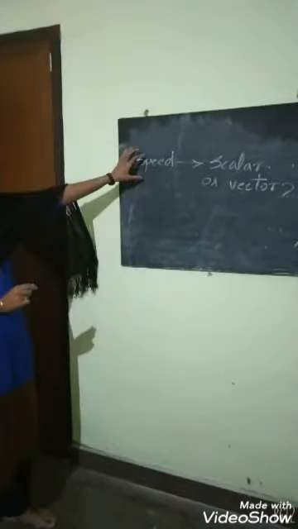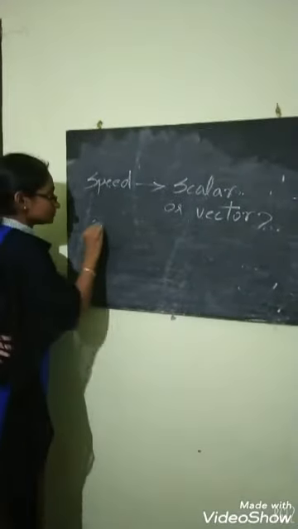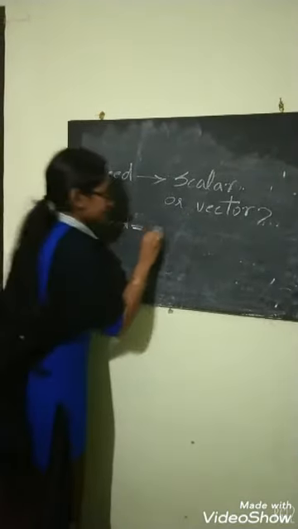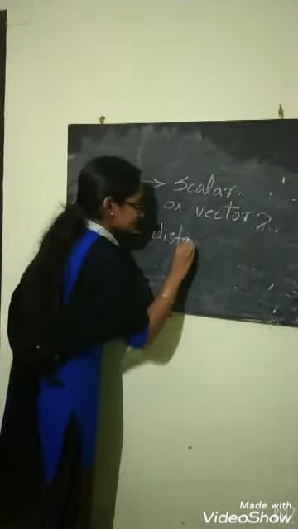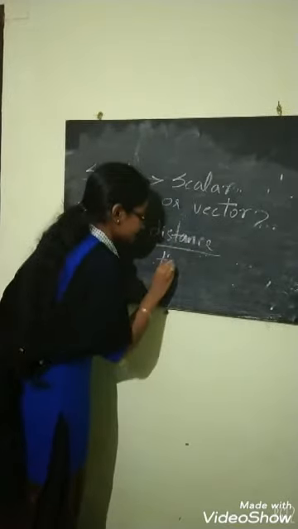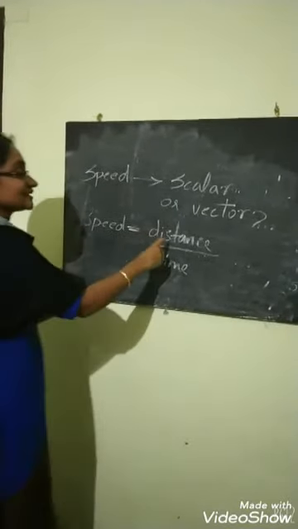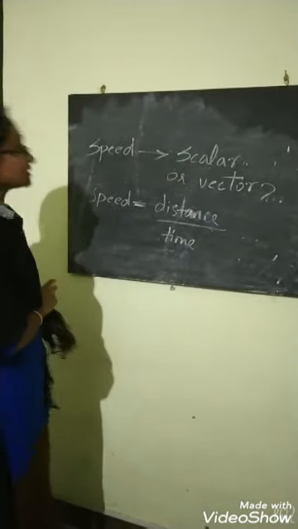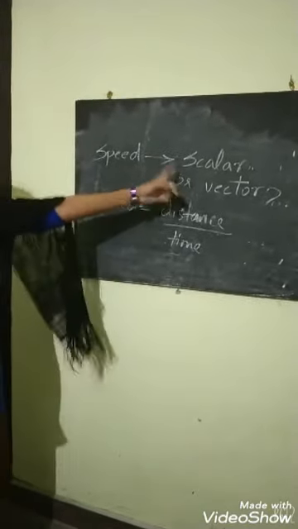What was the definition of speed or the equation of speed? Speed is distance by time. So this distance is a scalar, and that is why the speed is also a scalar.